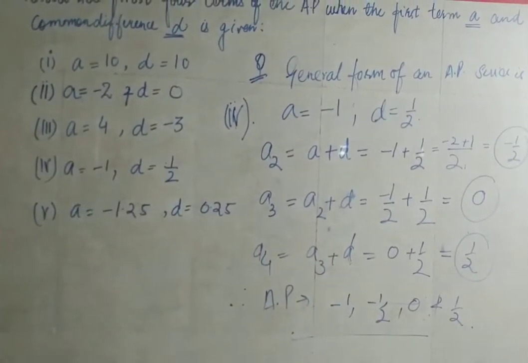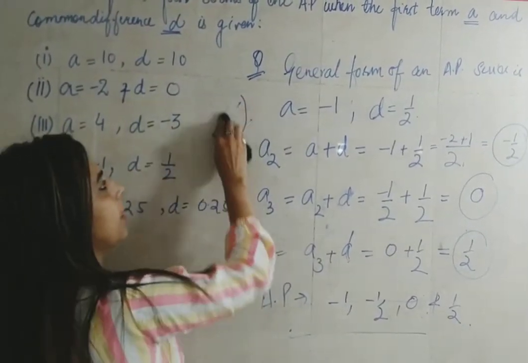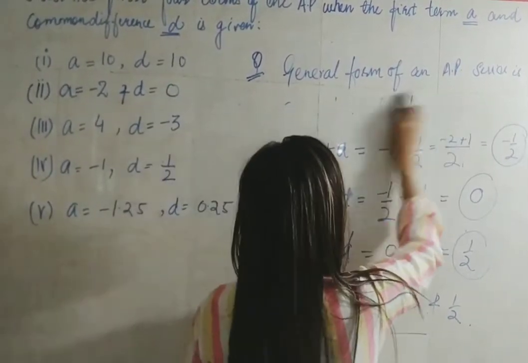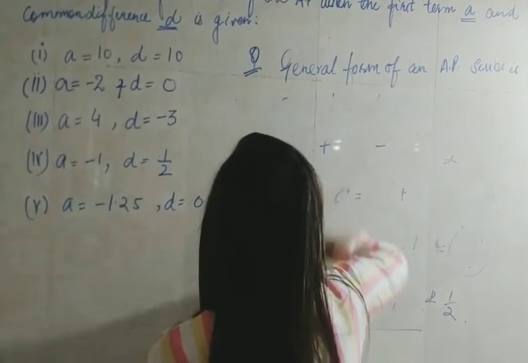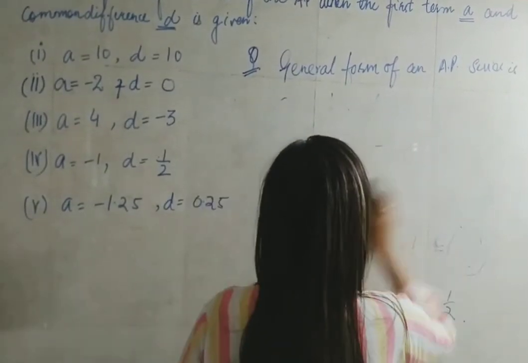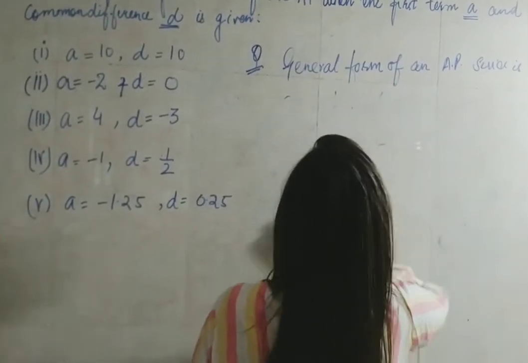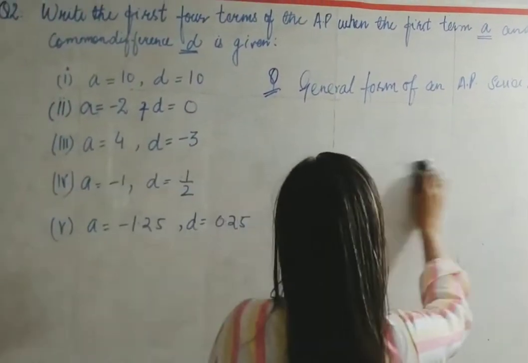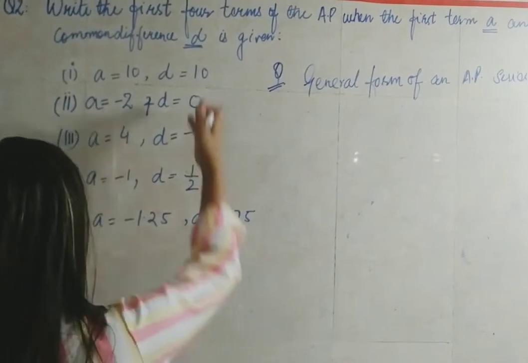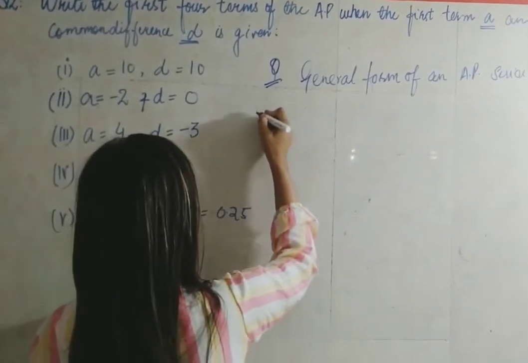So guys, now let's move on to the 5th part. In a similar manner, we'll solve the 5th part also. Here you have been given A is equal to, now this part is in decimal terms. You have a variety of terms actually in all the parts.